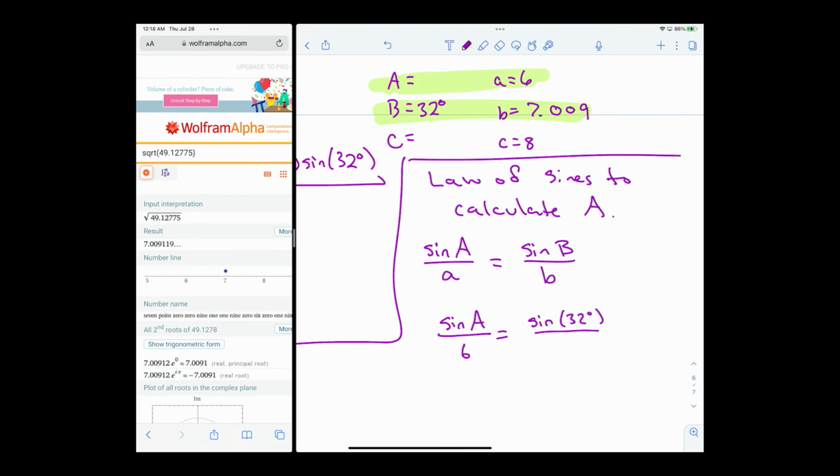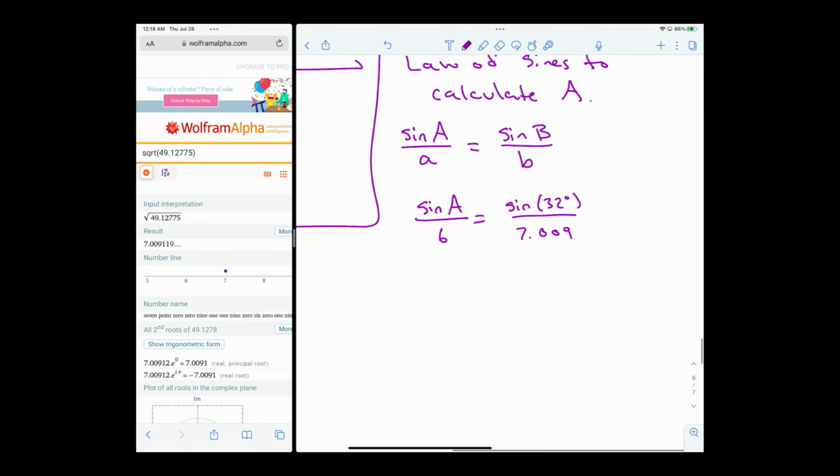And little b is 7.009. Again, we could have called it 7. So that tells me that sine A is sine 32 degrees over 7.009 times 6. We're just going to times 6.